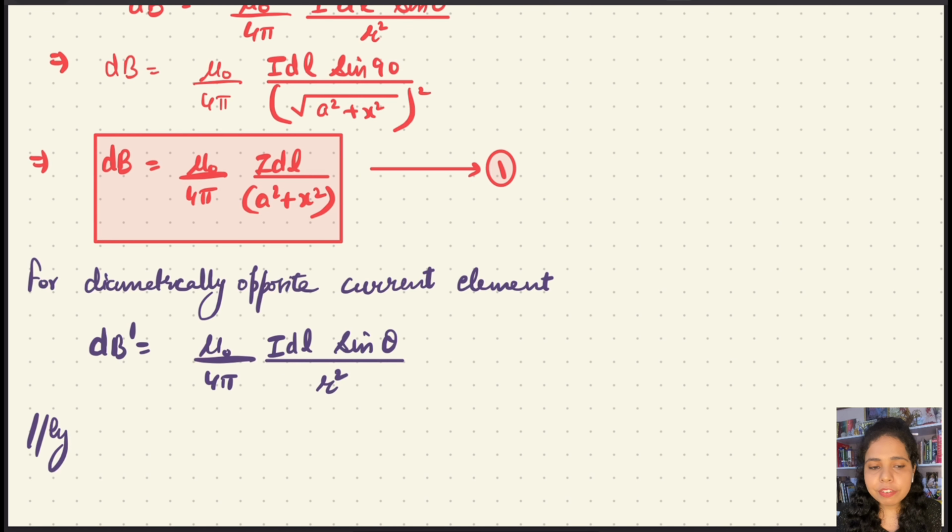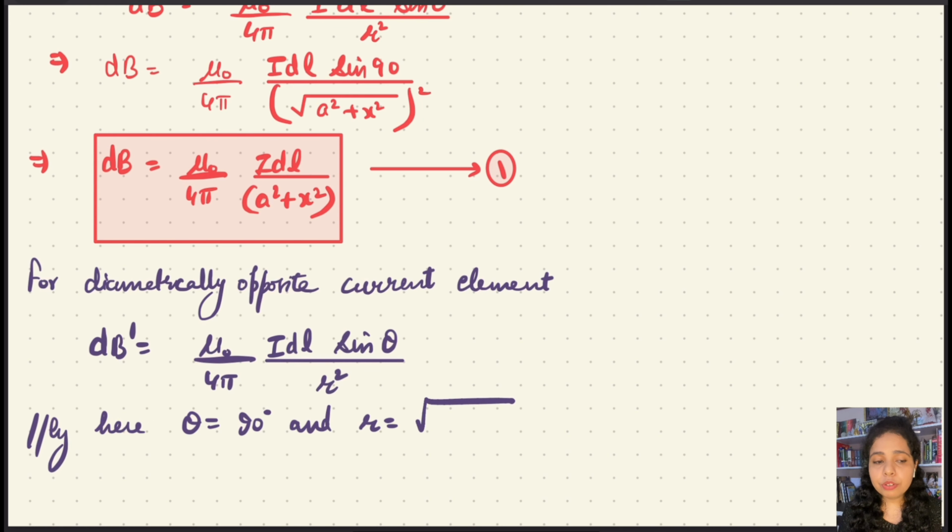Similarly, theta is equal to 90 degrees and r is equal to root a square plus x square. Therefore substituting these values, dB dash is equal to mu naught upon 4 pi, I dl sin 90 upon root of a square plus x square, whole square, or we can say mu naught upon 4 pi, I dl upon a square plus x square, which is our equation number 2.